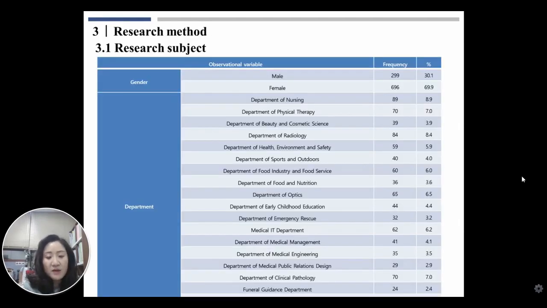This study measured negative emotion and social desirability of all second-year students enrolled in a 4-year E-University in SCT, Gyeonggi-do. The valid sample used in this study was 995 students. The general characteristics of the study subject are presented in Table 1.